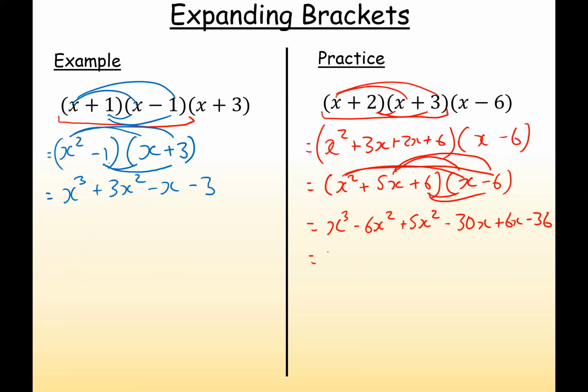Simplifying all of that down gives us x cubed minus x squared minus 24x minus 36. And there we go. The only difference with the practice one that made it a bit more complicated was we had to simplify it twice. Gave us a lot more to do.